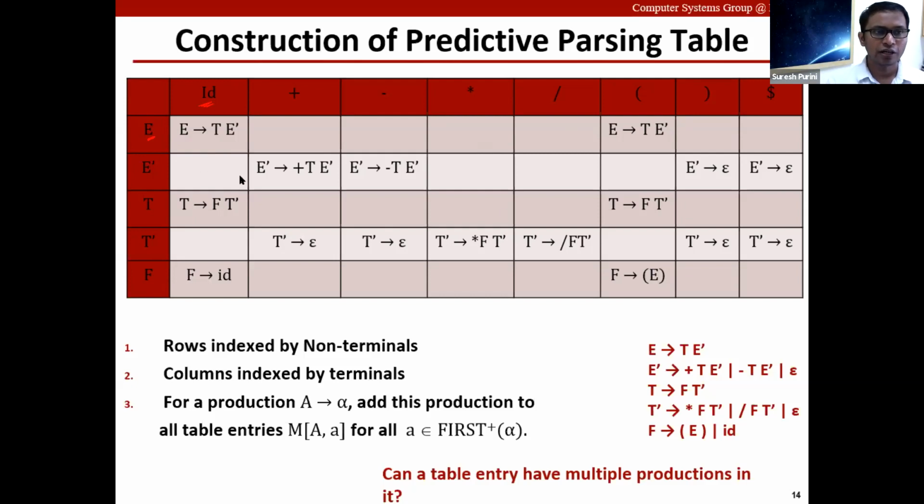If the look ahead symbol is plus, then there is no substitution rule we can apply, which means it's a parsing error. Similarly, if the current non-terminal symbol to expand is E and the look ahead symbol is left parenthesis, then the substitution rule to apply is E goes to TE prime.